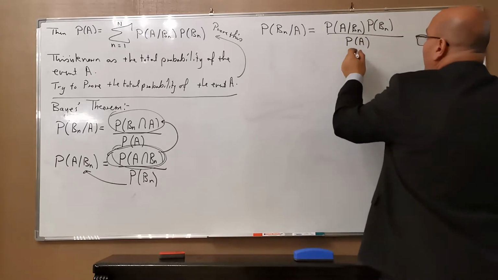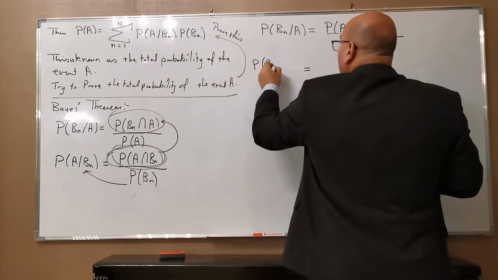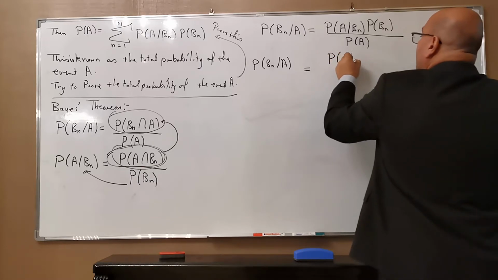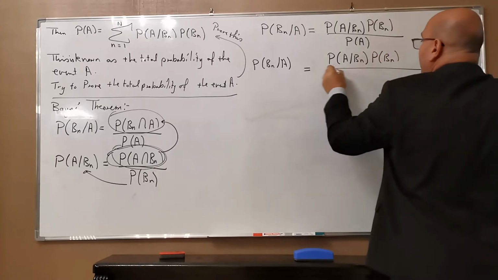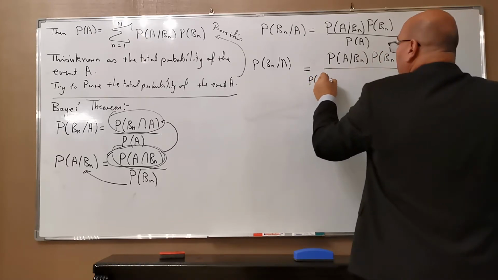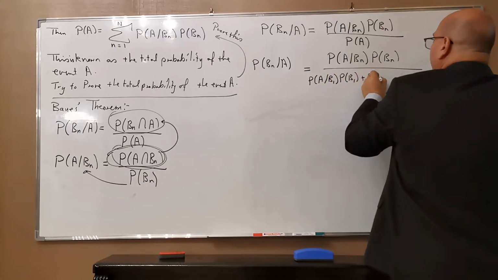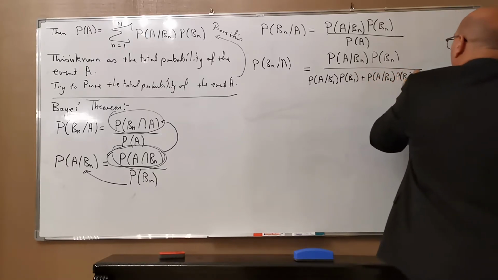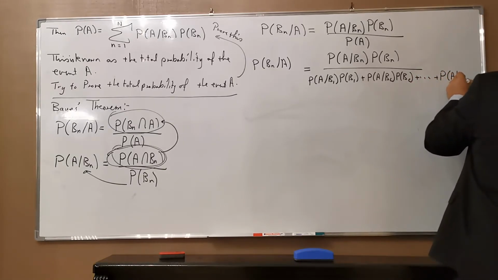Now, if we use the total probability for the probability of A, we can say that the probability of Bn given A is equal to the probability of A given Bn times the probability of Bn divided by the probability of A given B1 times the probability of B1, plus the probability of A given B2 times the probability of B2, until the probability of A given B sub n times the probability of B sub n.